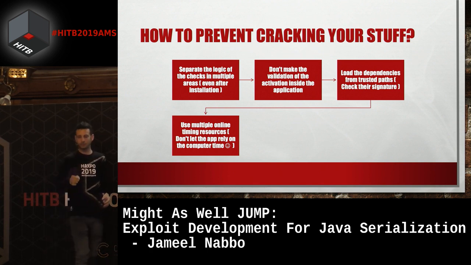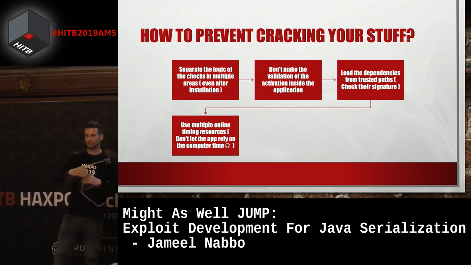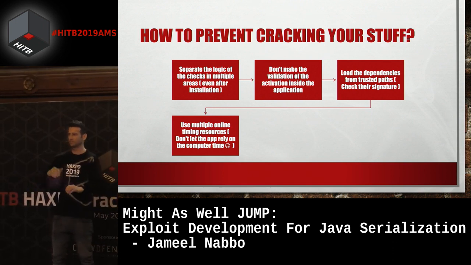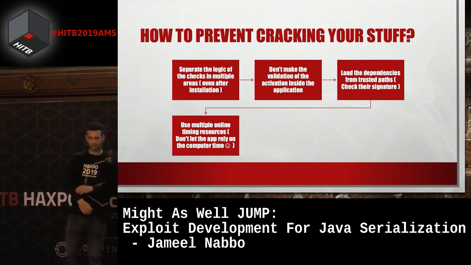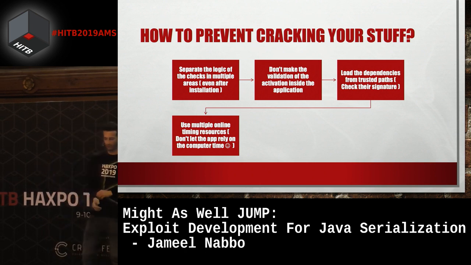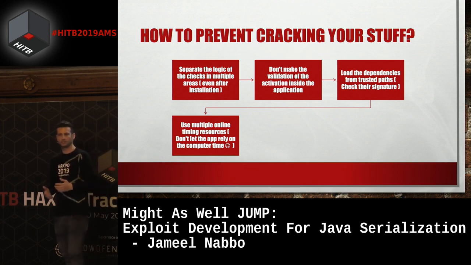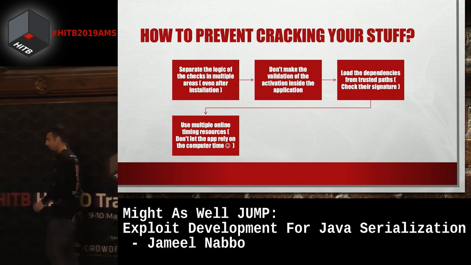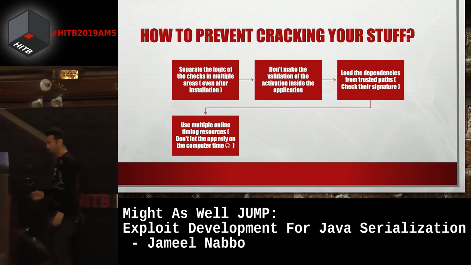Even talking in depth about programming, if you have a static class with a helper and a function that does the check, a procedure, method call, or whatever, and you call this function in multiple places, this makes it pretty easy for attackers or crackers to bypass. So this is the first part.